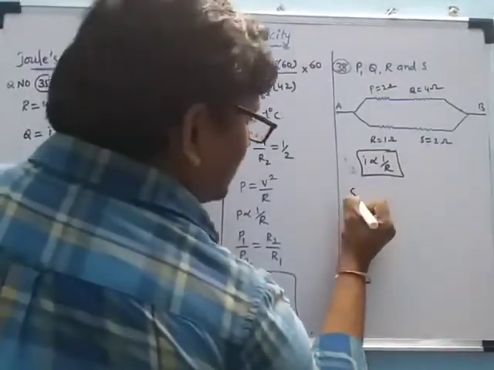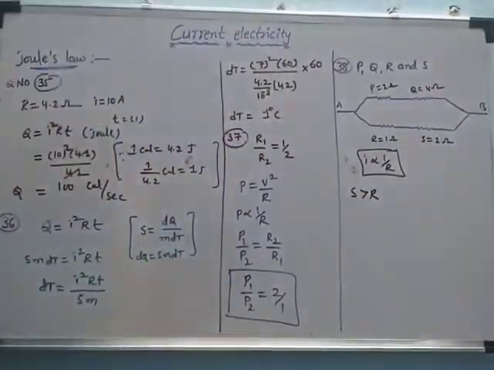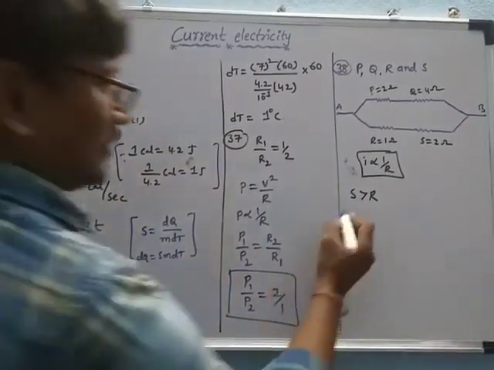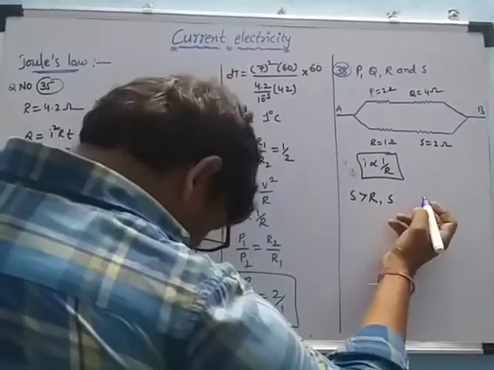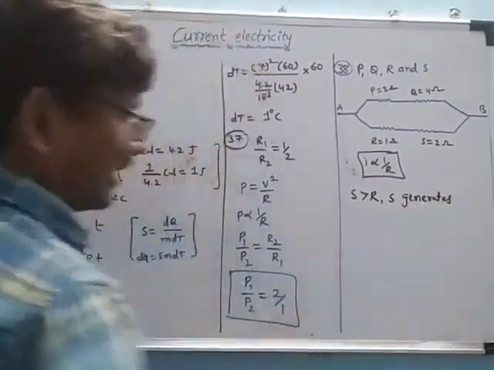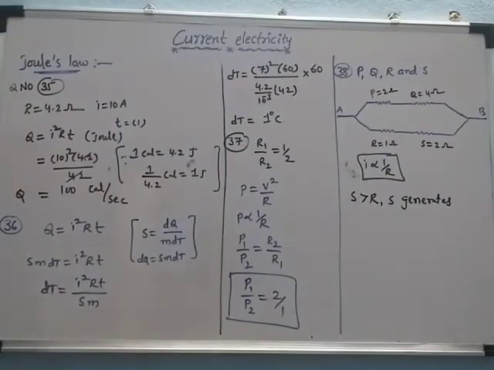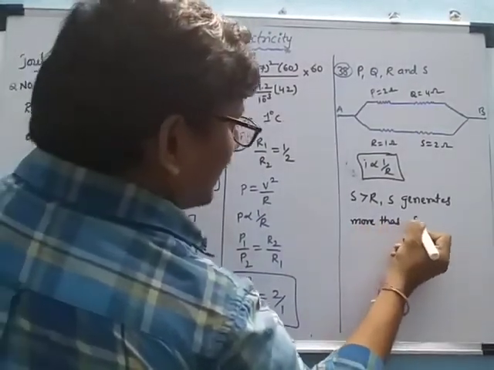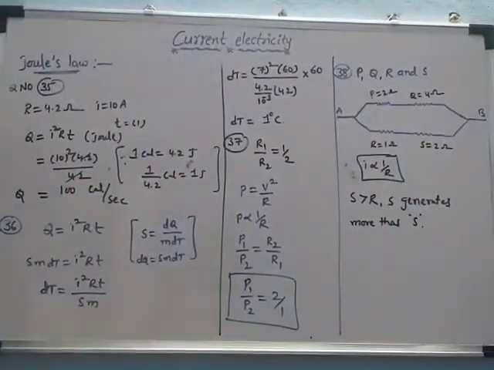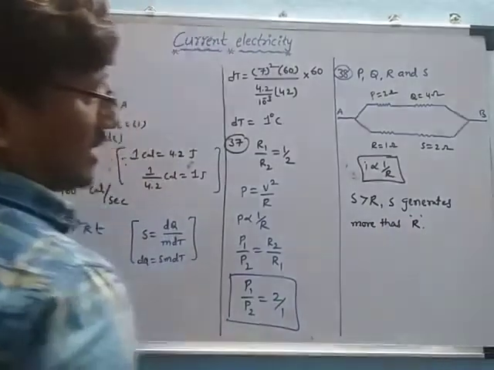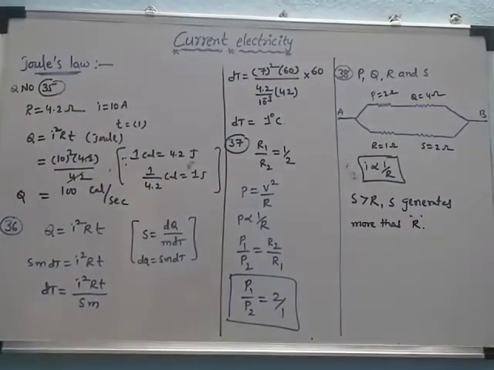Now S is greater than R, so S generates more than R.